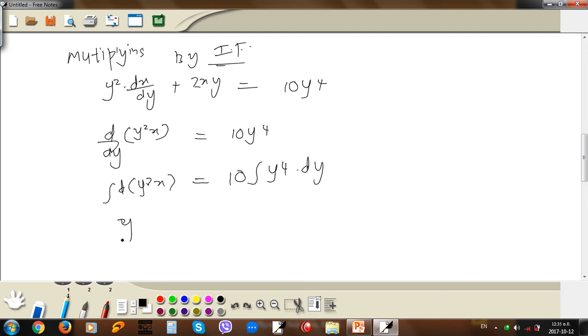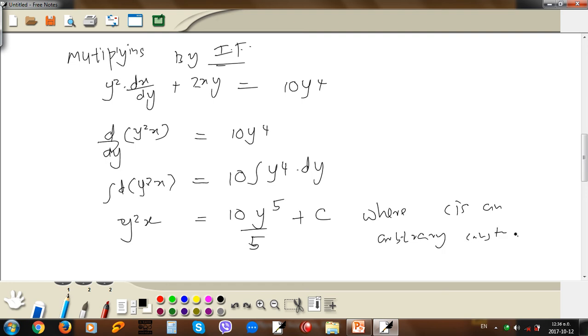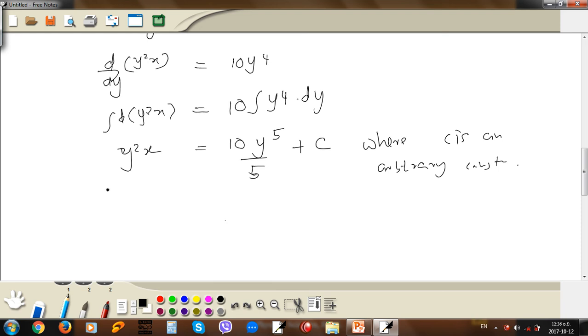Then y squared x equals 10y to the power 5 over 5 plus c, where c is an arbitrary constant. Now the dependent variable is x, so we make x the subject: x equals 2y to the power 3 plus c y to the power minus 2. This is the answer.